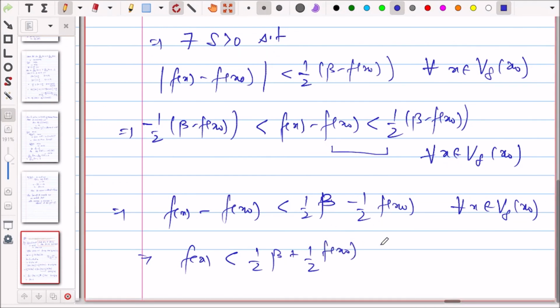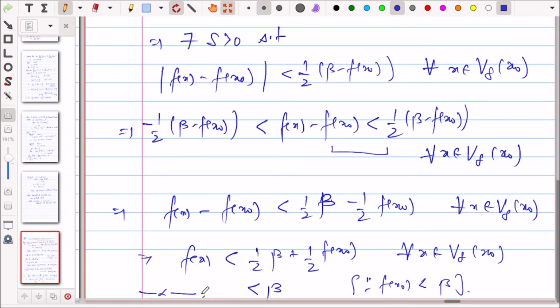Now because f of x naught is less than beta, we can replace it by beta. So this completes our proof of question number 14. We are able to show that f of x is less than beta for every x in the delta neighborhood of x naught. So in this video we will solve till here.